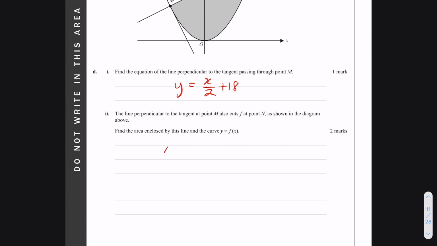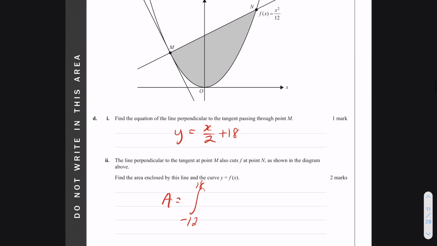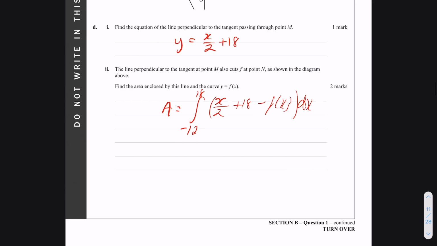So the area is the integral from -12 to 18 of the top function, which is the straight line, x over 2 plus 18, minus f of x dx. And we'll just work that out on the CAS.